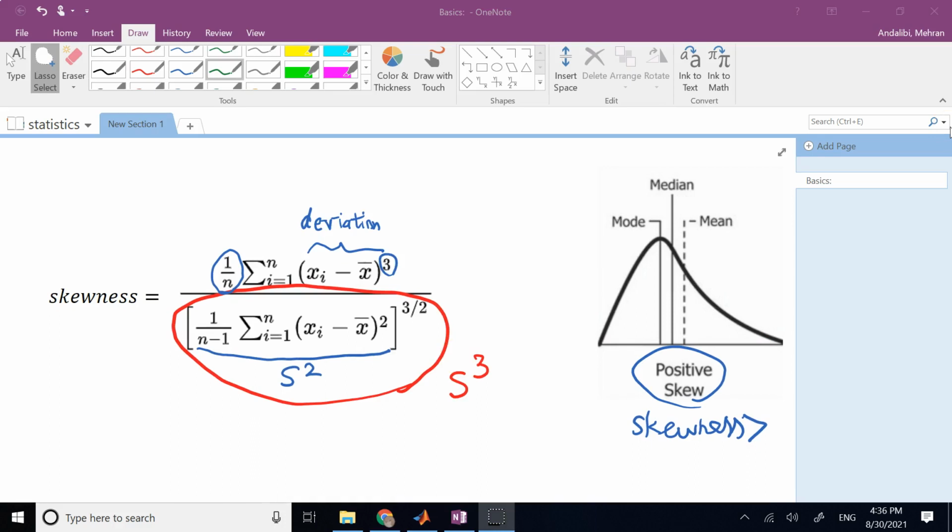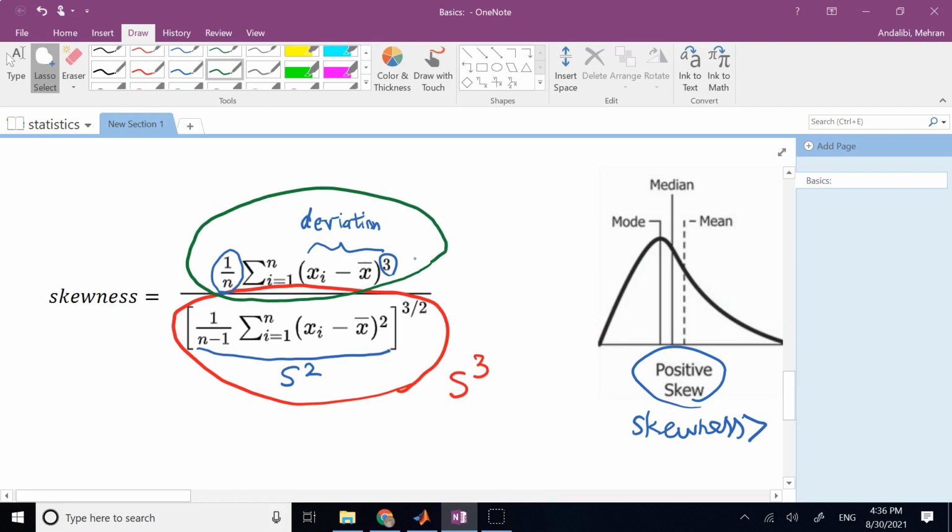And by the way, this term here in the numerator has a specific name that we might talk about later when we go to probabilities and stochastics. This is called the third central moment for the sample. Moments are typically the summation of the data entries to any power divided by the number of data points, and the power is used for the name of the moment.